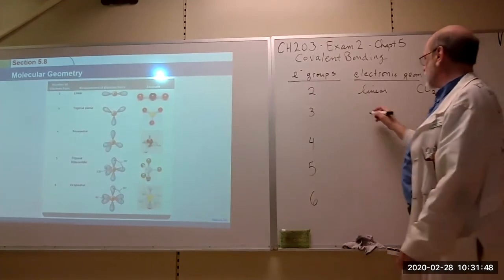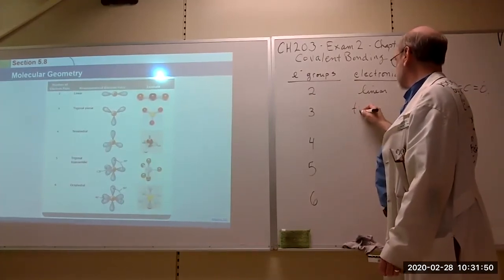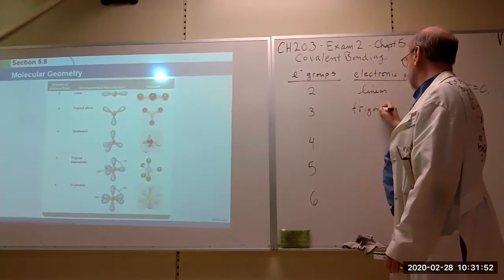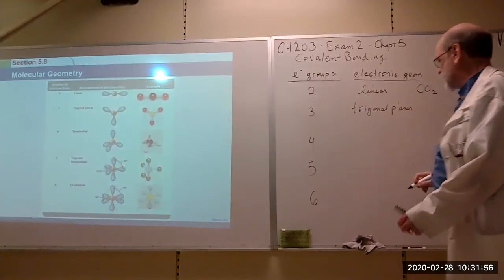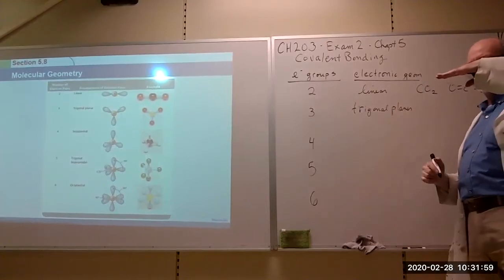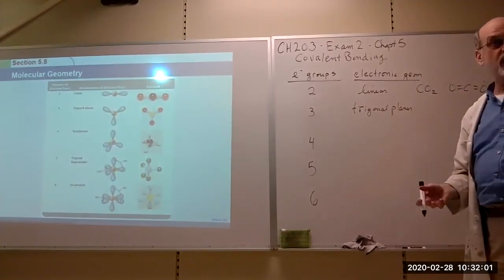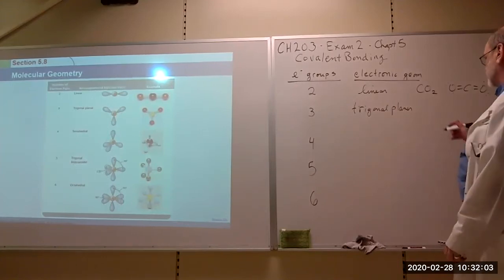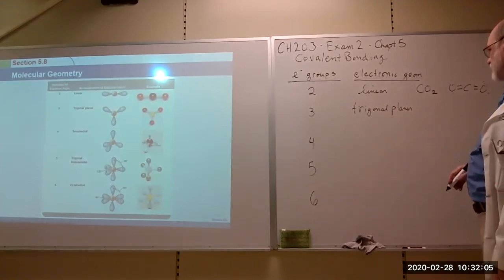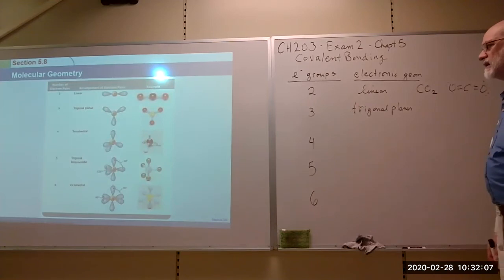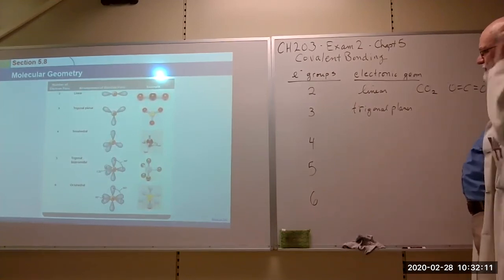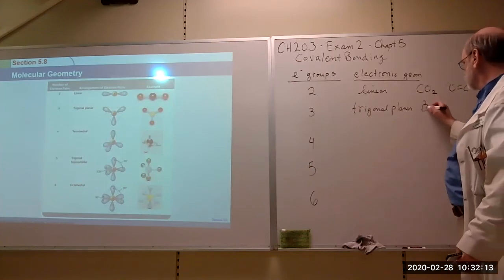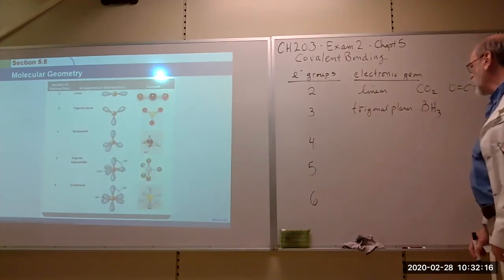if you have 3 groups, then you're talking about trigonal planar. That just means it's a triangle in one plane, which means an equilateral triangle. And a good example of that is, let's see, boron trihydride.